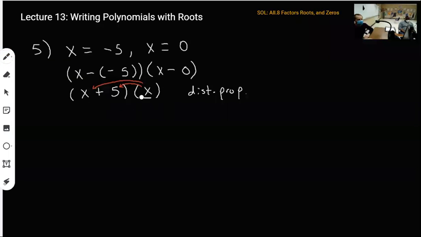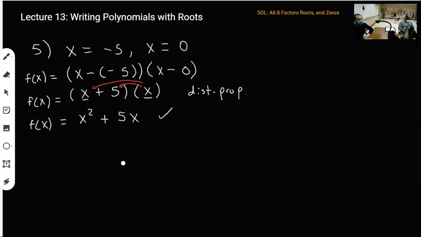If I multiply x by x, I'm going to get x squared. I bring down the plus, and then if I multiply 5 by x, I'm going to get 5x. And I'm done. That is my polynomial. x squared plus 5x. And let me fill in my f of x.